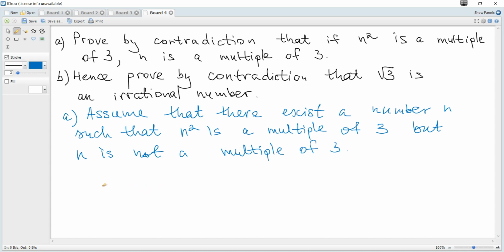And any multiple of 3 can be represented as 3k.